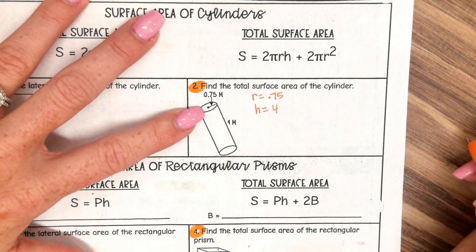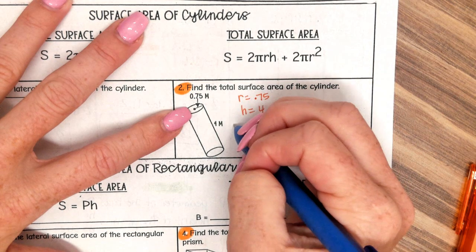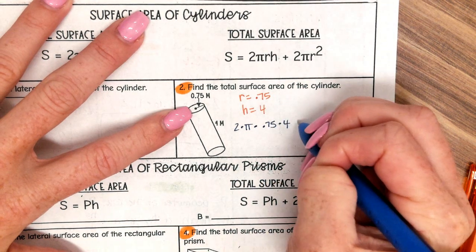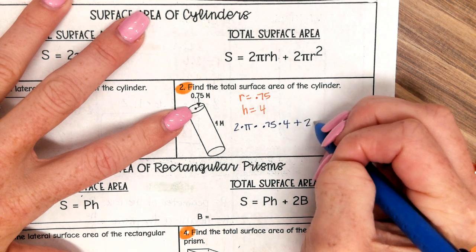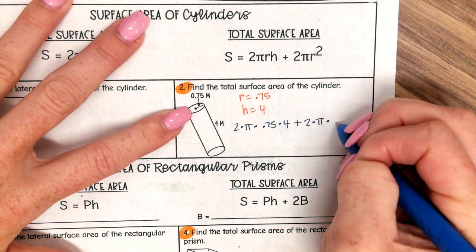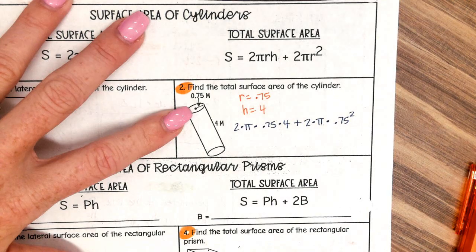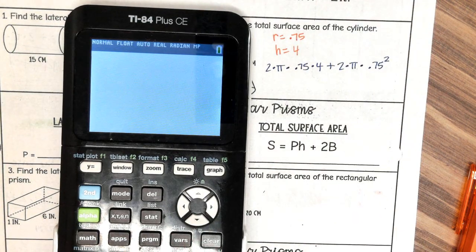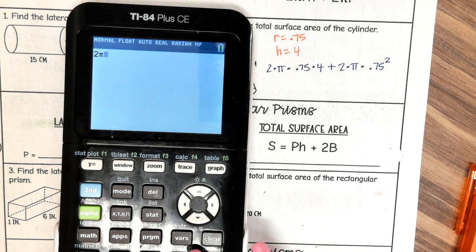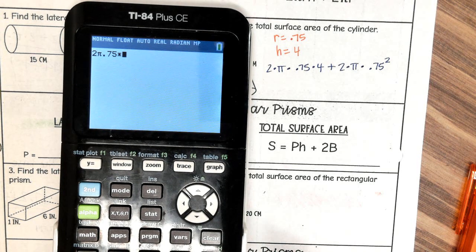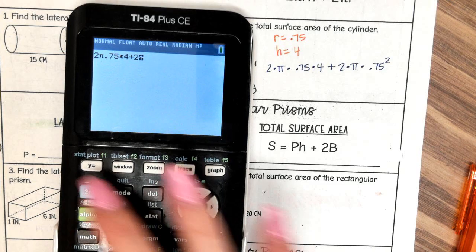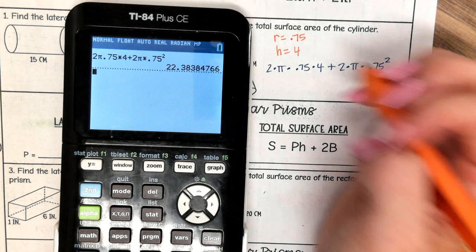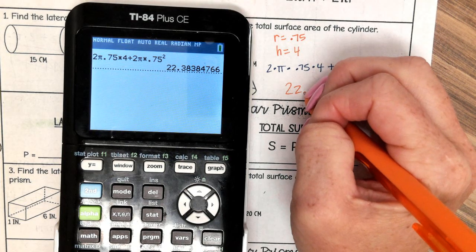All right, so I'm going to do 2 times pi times r times h plus 2 times pi times r squared. Go type it in your calculator. Round to the hundreds.